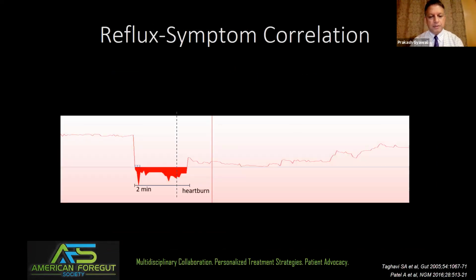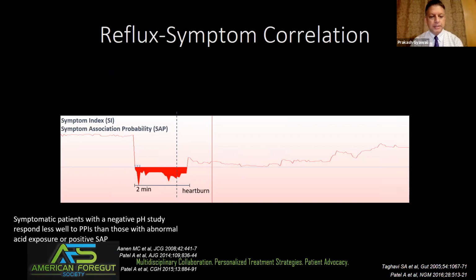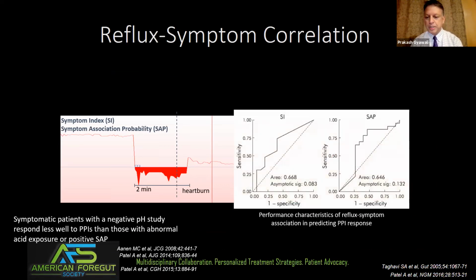You heard about reflux symptom association, the 2-minute rule, and the 2 indices. There's evidence to show that those with symptom association, a positive symptom association, do better than those with negative, but standalone symptom reflux association, again, you can see the area under the curves in this very nice study from 15 years ago now.